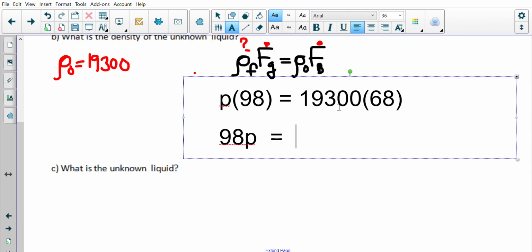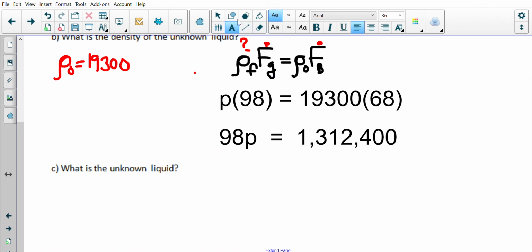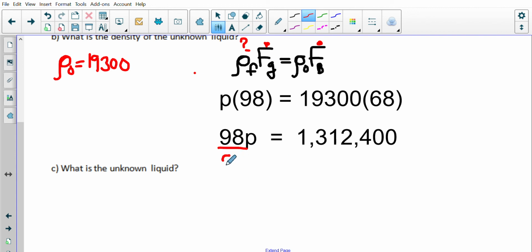All right, now I take 19,300 times 68. And I get 1,312,400. Ooh, we're getting in the millions here. All right, and then to get that density by itself, I'm going to divide both sides here by 98. So those divide each other off.